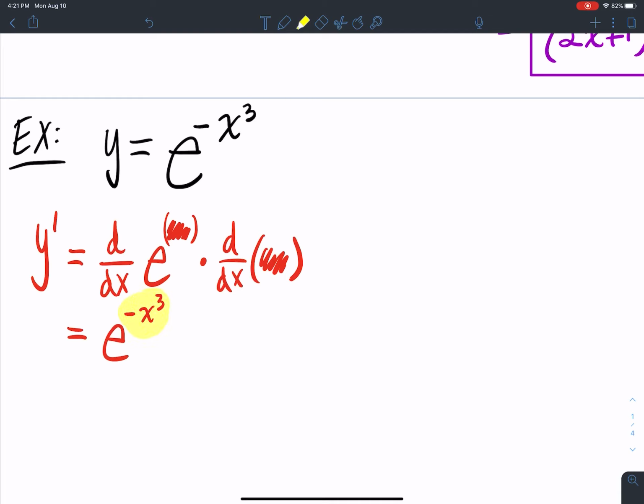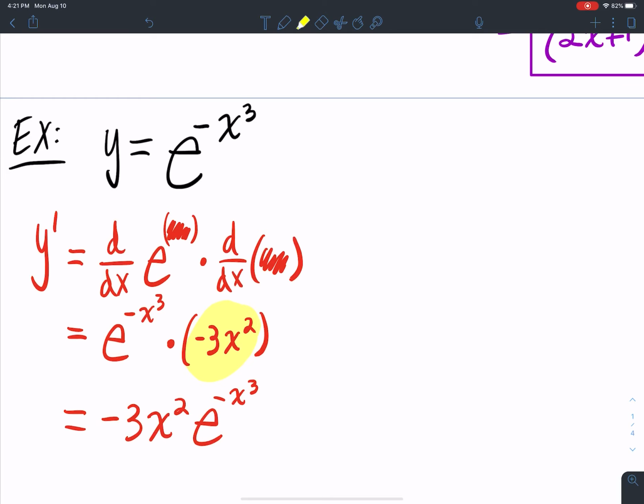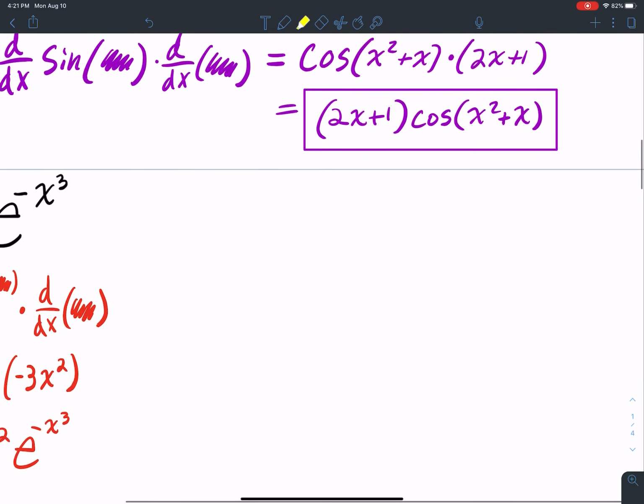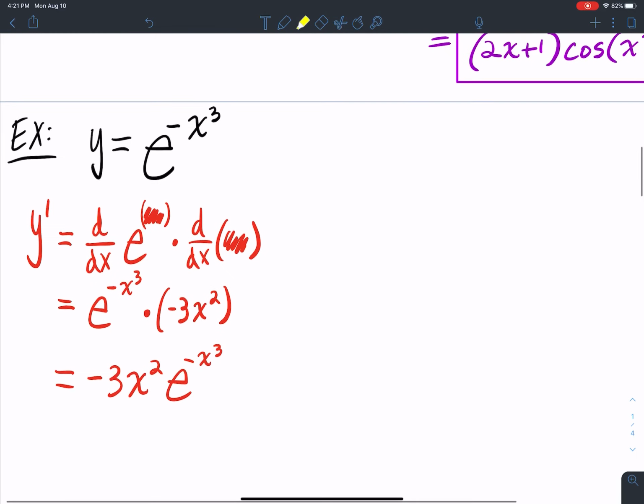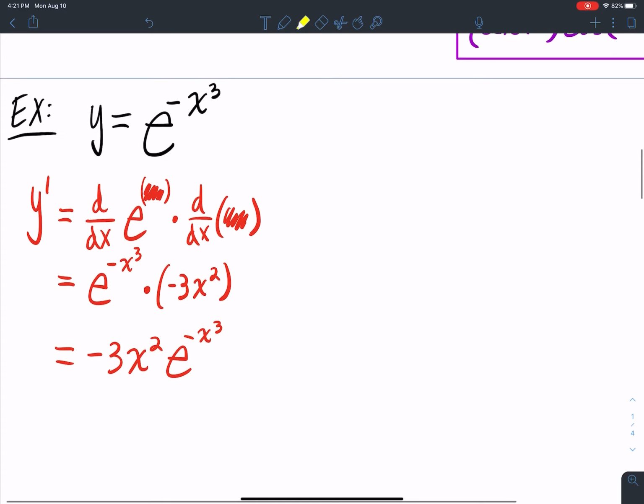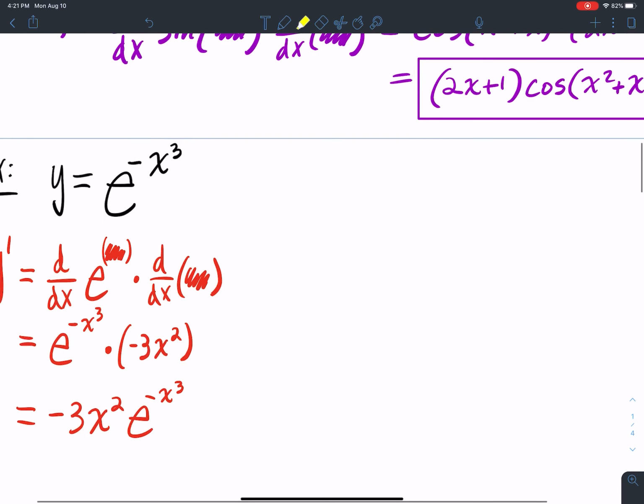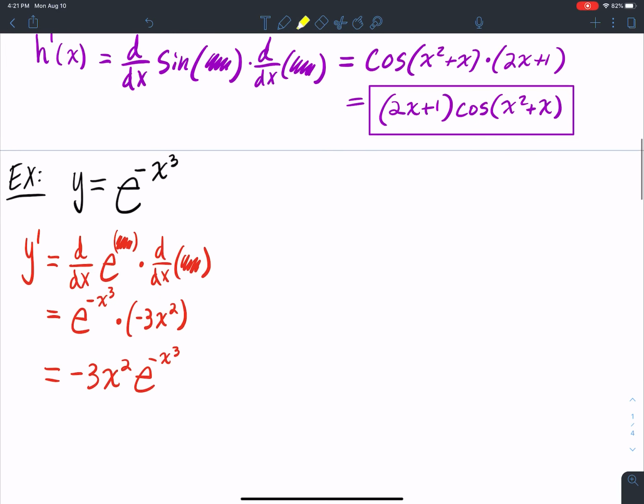What's the derivative of the something? The derivative of negative x cubed is negative 3x squared. And I write this first because I like to have these polynomial looking things first, and then my transcendental functions after the polynomial stuff.